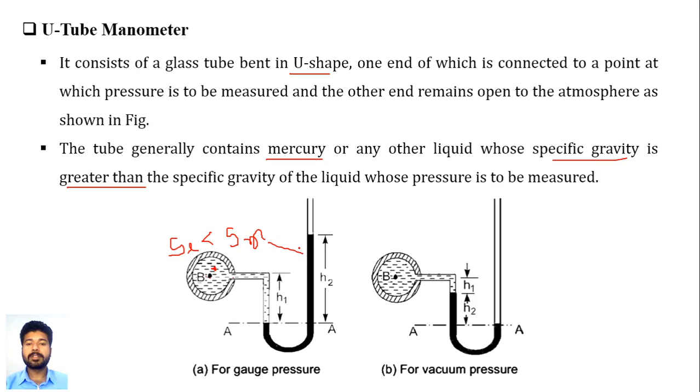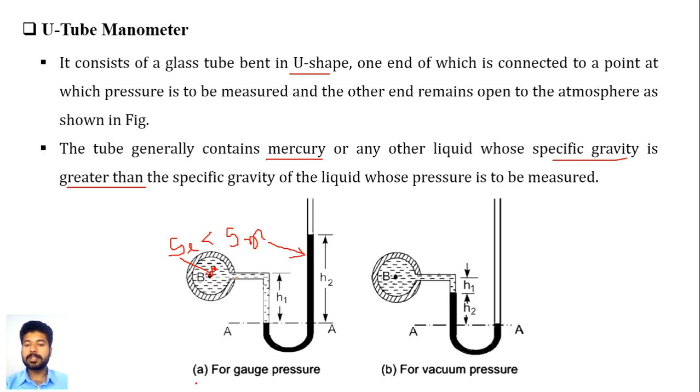So always in a U-tube manometer we need to take a higher specific gravity liquid, like mercury, which is non-mixable with our fluid which is flowing through the pipe.